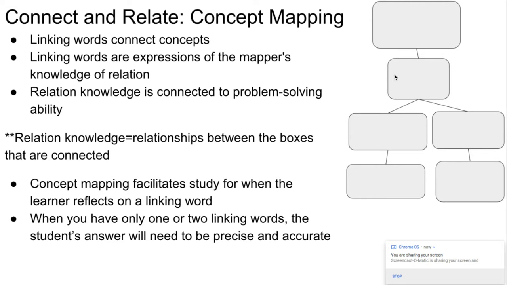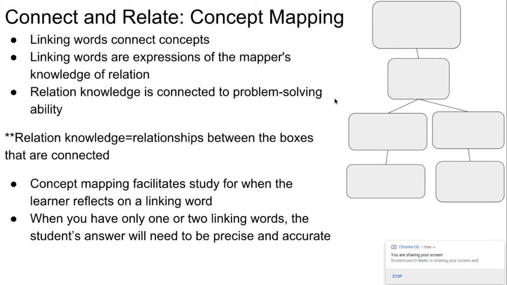They have to use their problem-solving skills to figure out what goes in from here to here to here. There are a few select words that would fit in the middle, that would be able to connect these two ideas. When I say relation knowledge, I mean the relationships between the boxes that are connected.